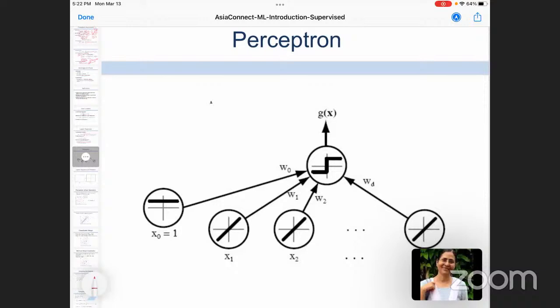The perceptron is basically a classification algorithm that finds a linear separator. For example, if these are one class and this is another class, I want to find a line that separates the two sets of examples. This is called the perceptron, very basic.